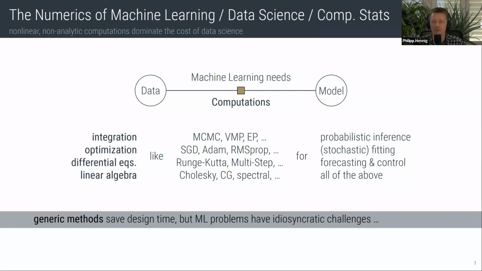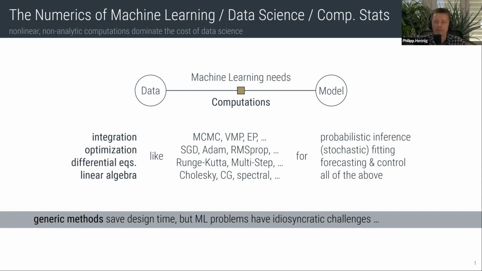This is important concretely for fields like reinforcement learning, but also more abstractly for scientific applications of machine learning, for econometric applications, industrial applications, and so on. And of course, linear algebra for all of the above, because linear algebra is the base case for everything, for the solution of Gaussian integrals, quadratic optimization problems, least squares problems, and the solution of linear differential equations.